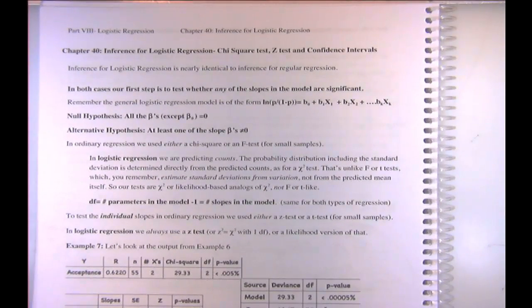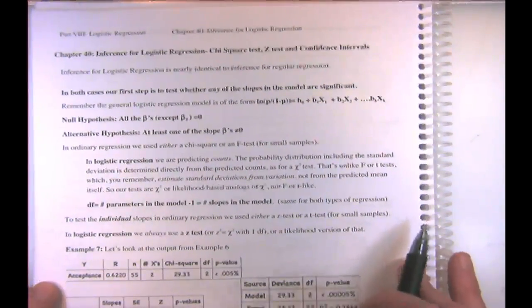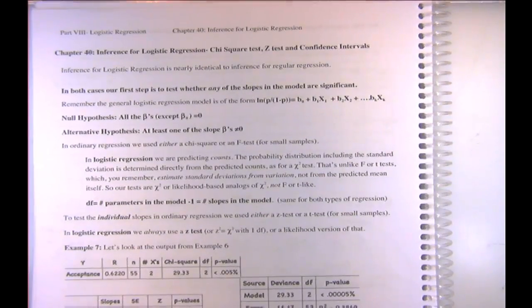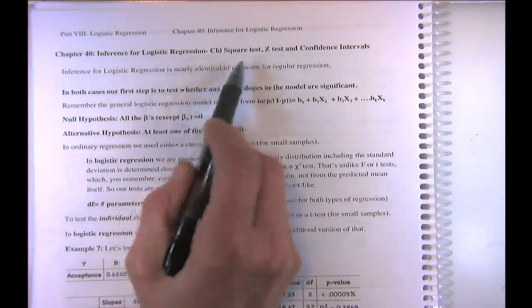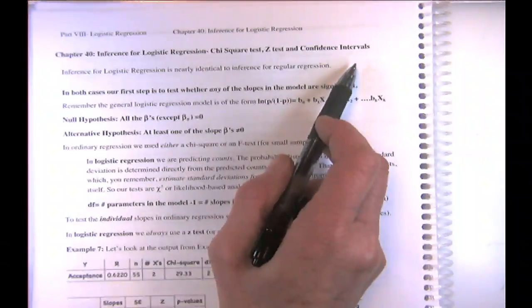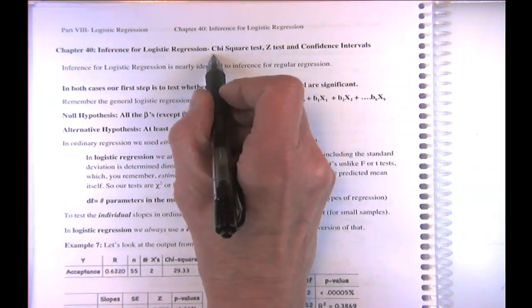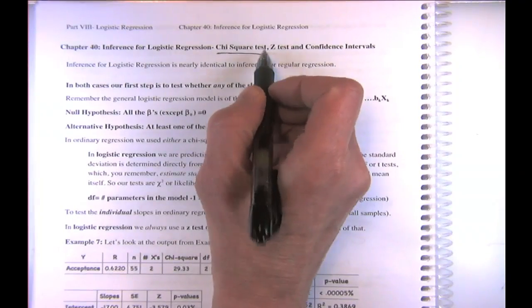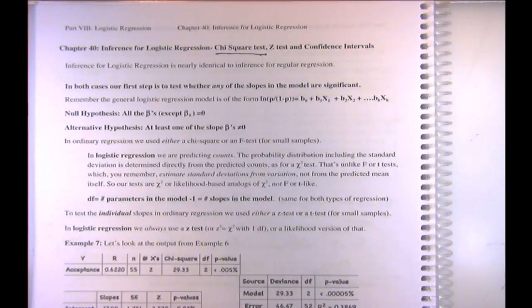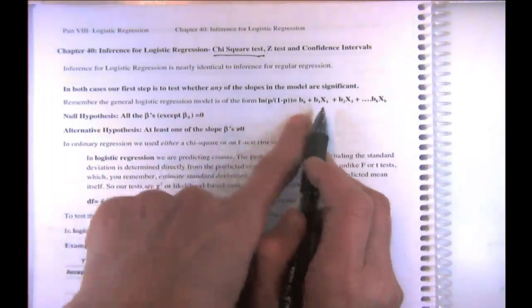All right, so let's everybody turn to page 130, chapter 40, Inference for Logistic Regression. Let's just look at the title here: Inference for Logistic Regression, chi-square tests, z-tests, and confidence intervals. So basically, we're going to be using a slightly modified chi-square test for the overall collective effect of all the slopes in the model, in the log odds model, that's linear.